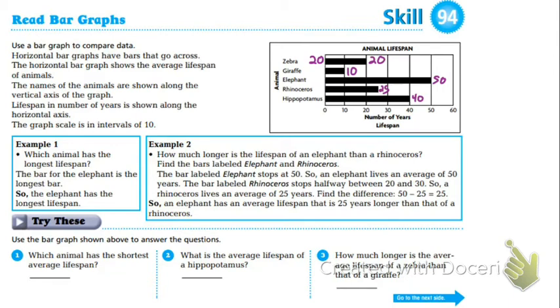All right, so try these, 1, 2, and 3. Use the bar graph shown above to answer the questions. Which animal has the shortest lifespan? Well, shortest means which one lives the least amount of years. Given this information, the smallest value that we have there is the giraffe. And the question, ladies and gentlemen, was asking us for the animal.